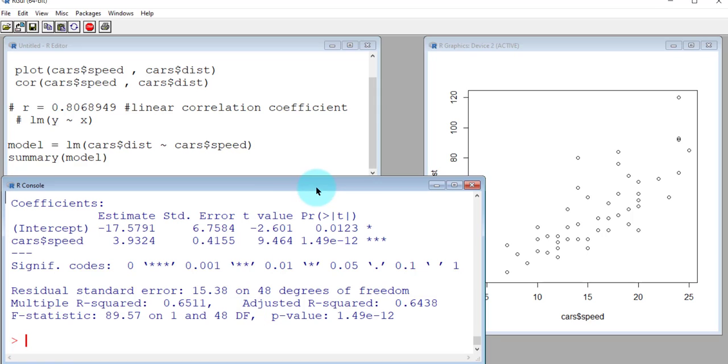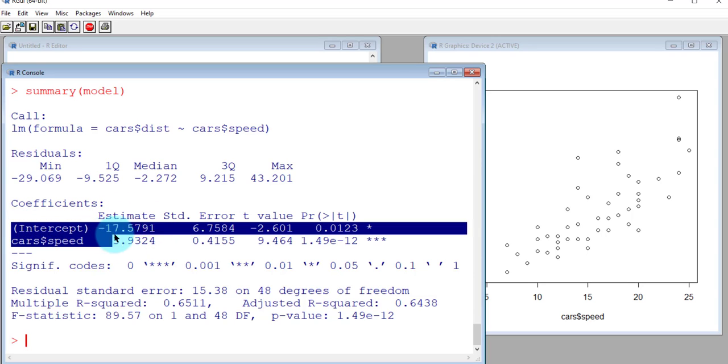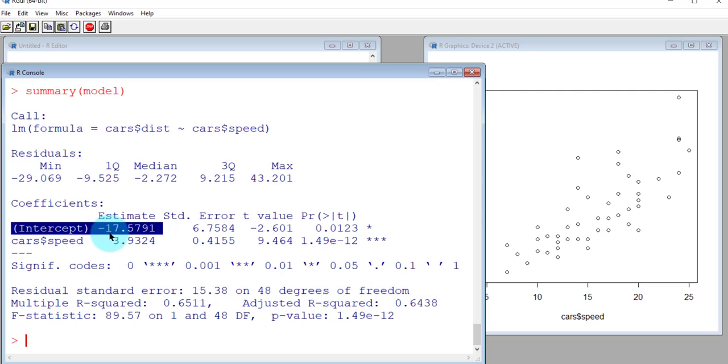And this is where we're going to get a lot of information in our console. Let's check it out. Okay, so a lot to look at here, but what we're going to focus on is the estimate. This is the estimate for the intercept right here, about negative 17.579. And the slope estimate is about 3.93.